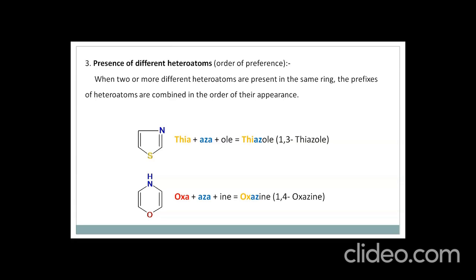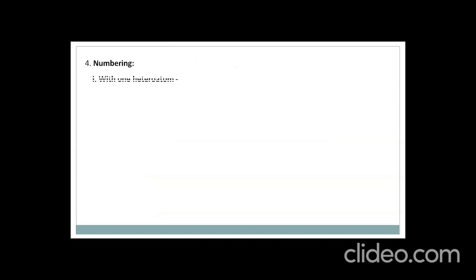So combined the name is oxazine, and it is 1,4-oxazine. So we use this when there is a presence of different heteroatoms in a ring. Now the next point is numbering.